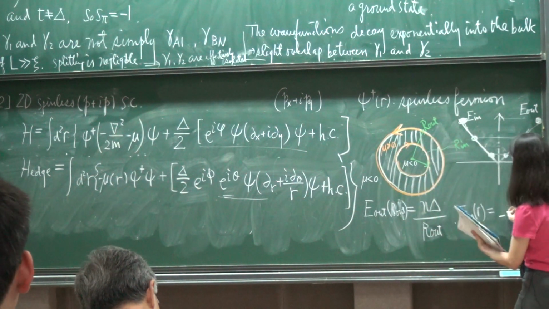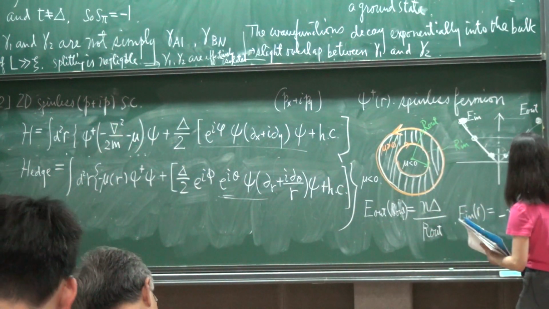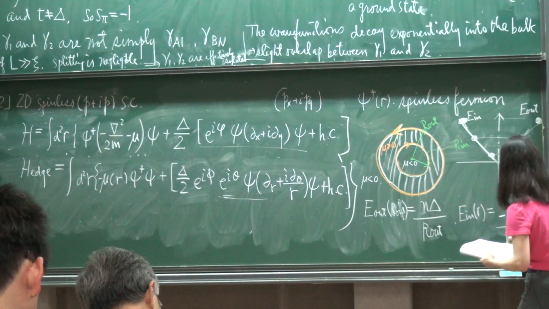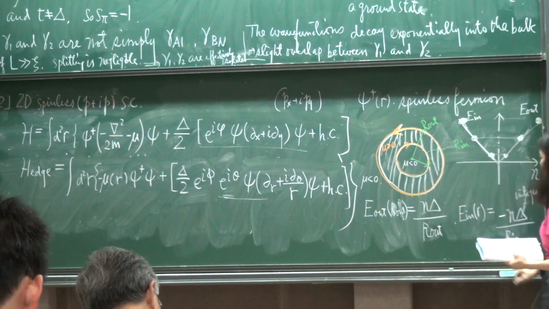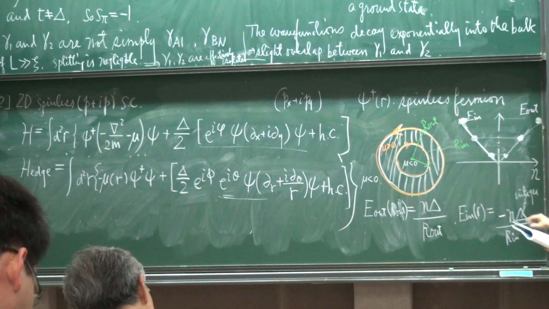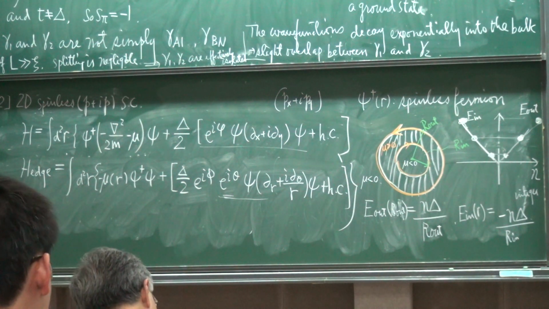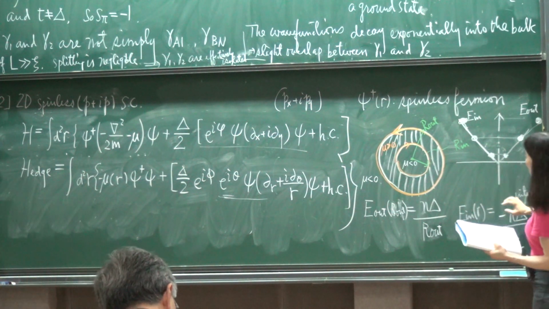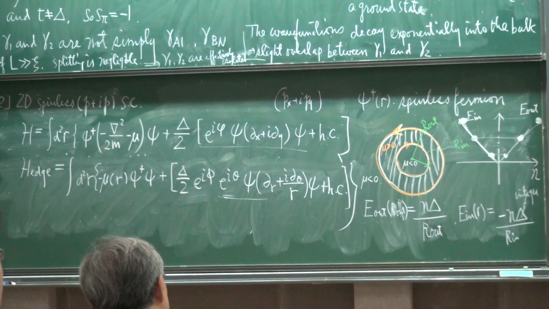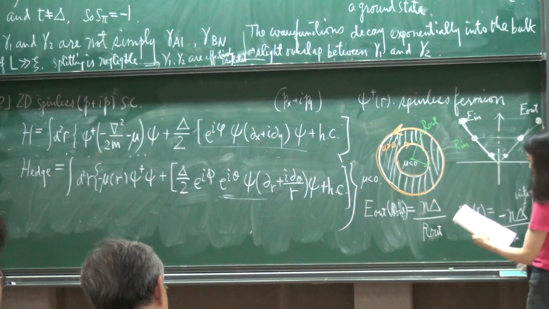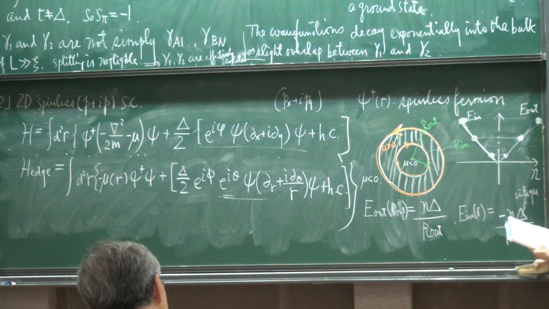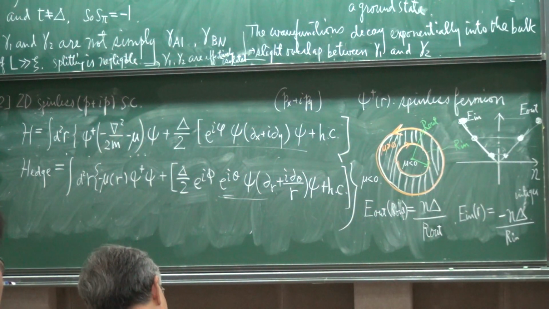This will be minus n delta over R. So these are my energy spectrum, and I can write my wave function in terms of these discrete states.